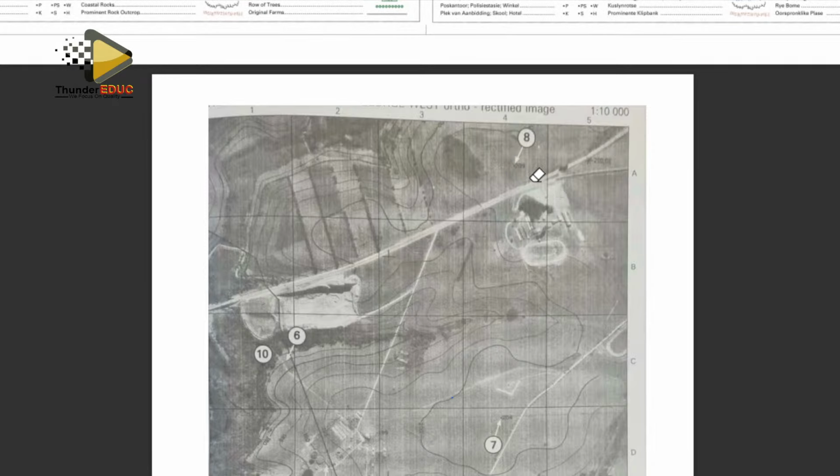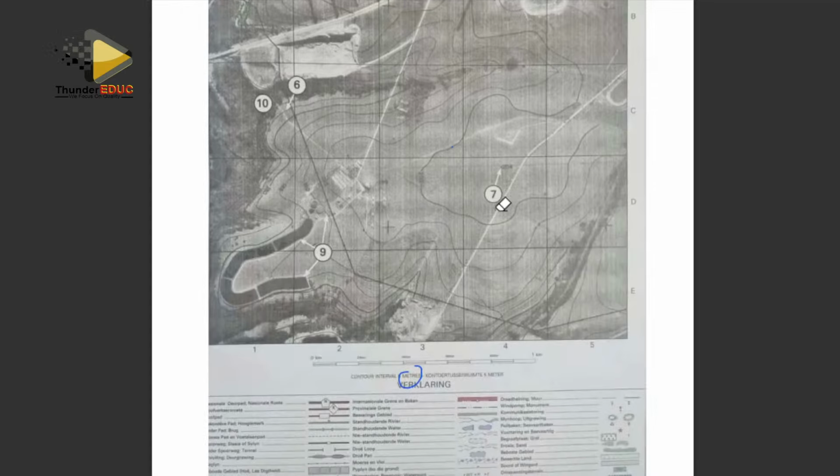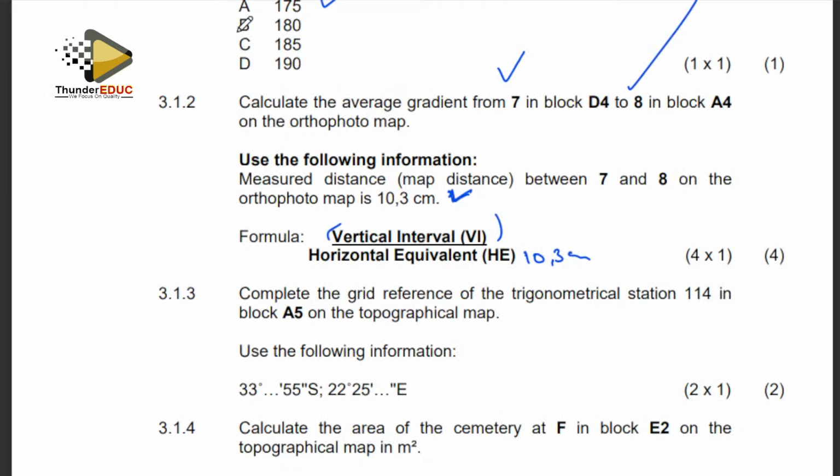Okay, so we have this place and the other one. The height of this place here is 209, I don't know if you can see, and the height for this one is 204. Which one is bigger? This one is bigger.